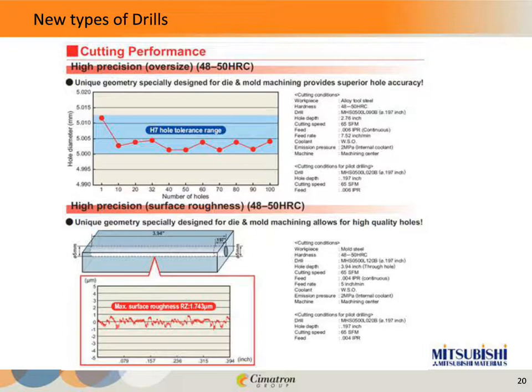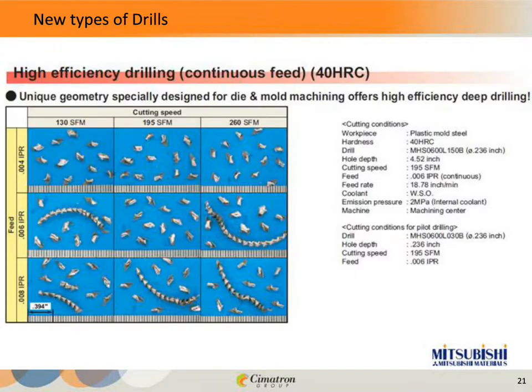So it's holding a nice tight group for size, and we're holding a nice tight group down here for the surface roughness. Here we're seeing some examples of the chips at different inches per revolution. And over here you can kind of get a feel for what kind of RPM, feed rate, and surface speed per minute we're getting.